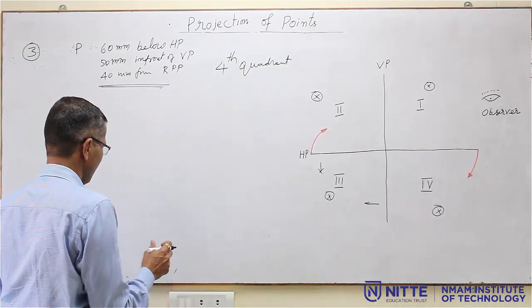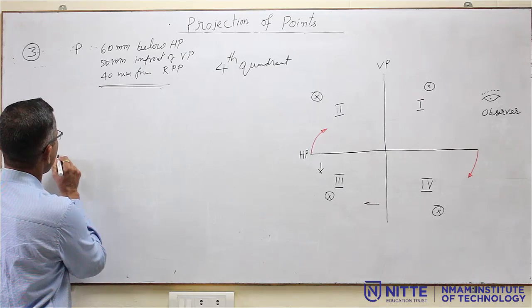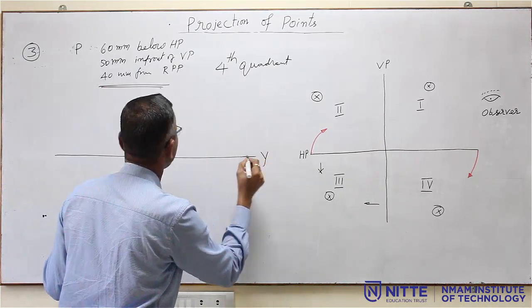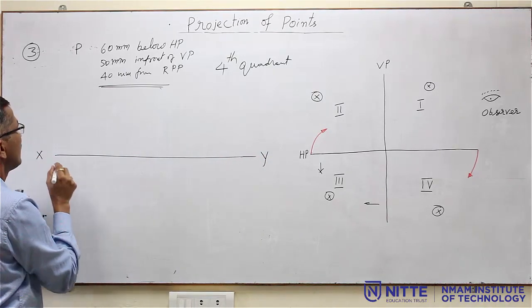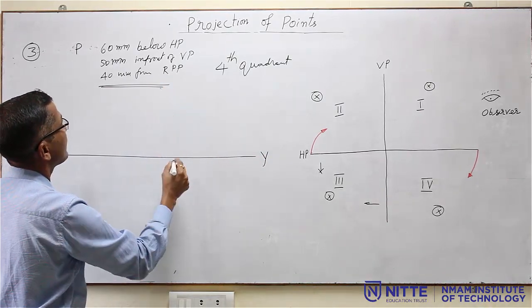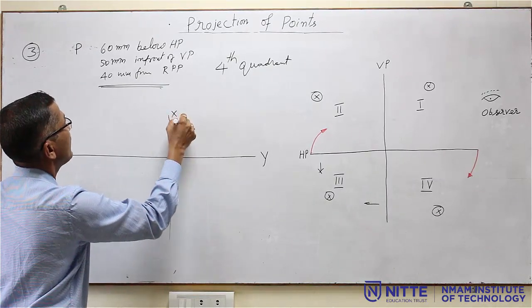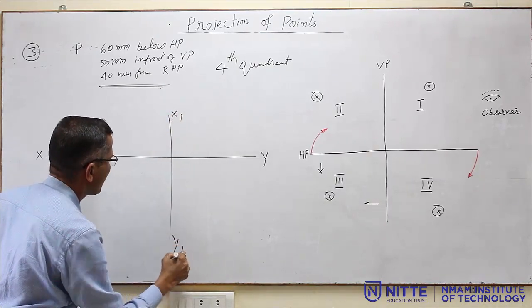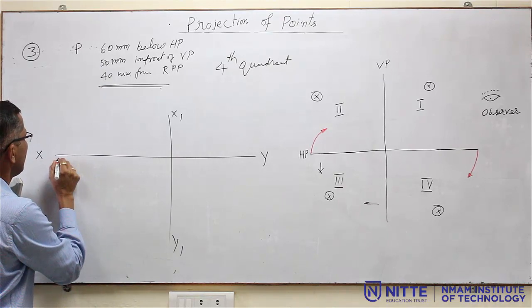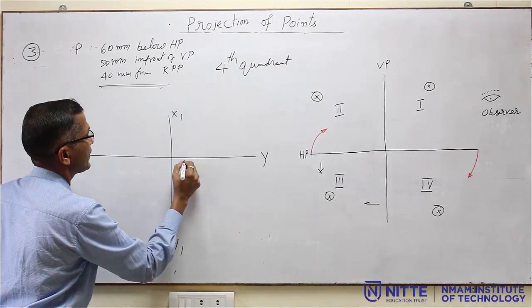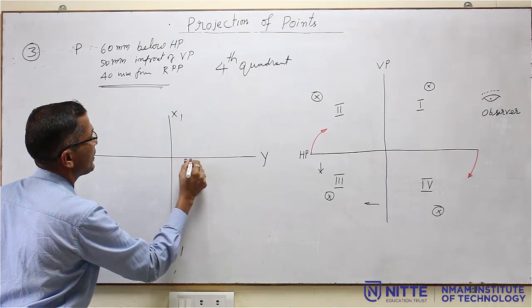Prepare the grid for the 4th quadrant: xy line, and it is RPP, x1, y1, HP comma VP, and this is the profile plane RPP.